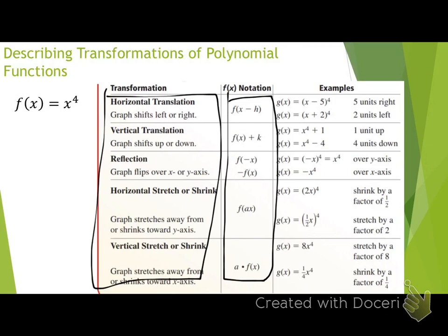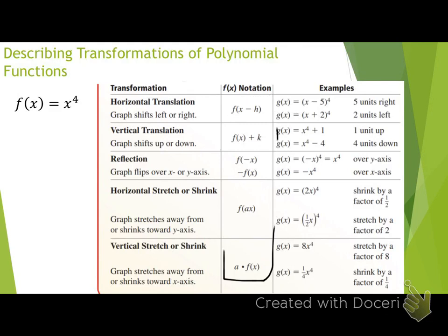So I'll erase these lines, get them out of your way. They use the example f of x equals x to the fourth. If it's a horizontal translation, we're using f of x minus h. That's an h right here.